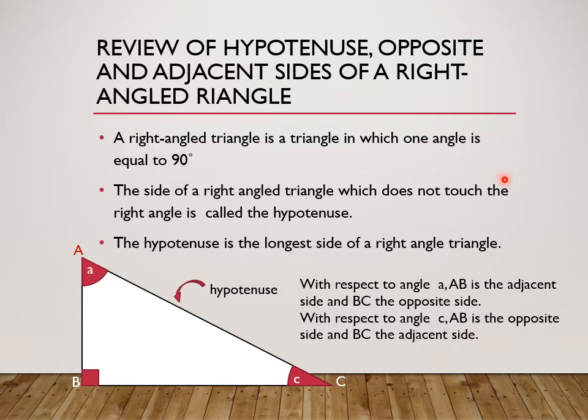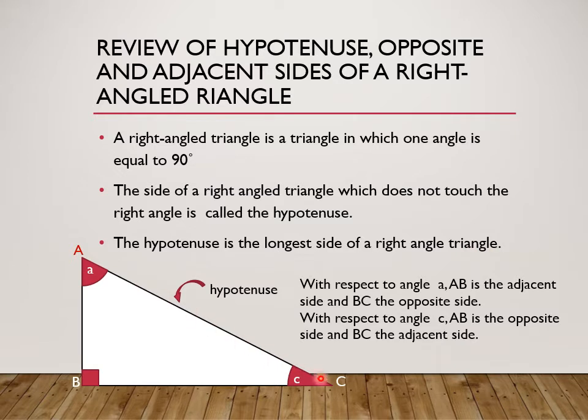In our previous lesson, we saw that a right angle triangle is a triangle in which one angle is equal to 90 degrees. So this is a right angle triangle. This angle is 90 degrees, and that's why it is a right angle triangle. The hypotenuse is the longest side of a right angle triangle.